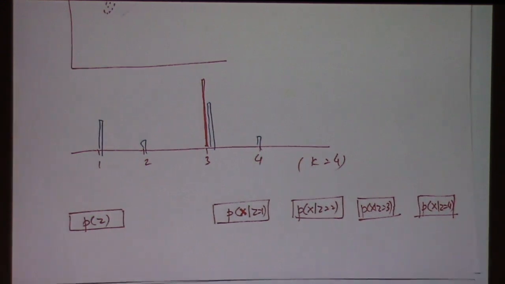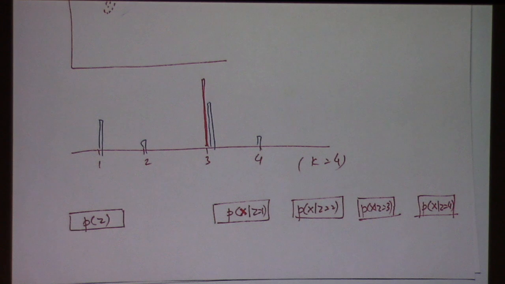She wants x, so she'll first sample a z from here. Now z could be 1, 2, 3, or 4. Then she will sample from the corresponding box an x. So that's how this two-step process works.